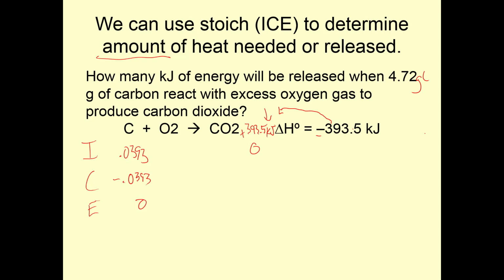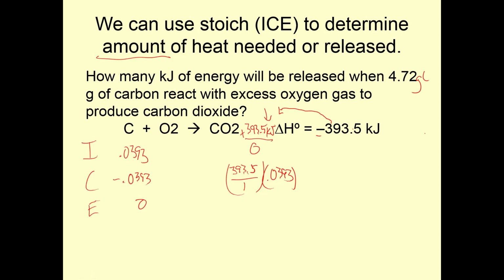Now here's where it gets crazy. My coefficient here is 393.5. So 393.5 over 1 times 0.0393. See how that works? My coefficient in this case is the weird number 393.5.